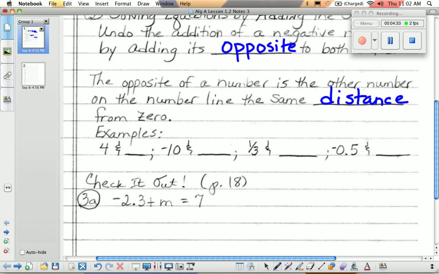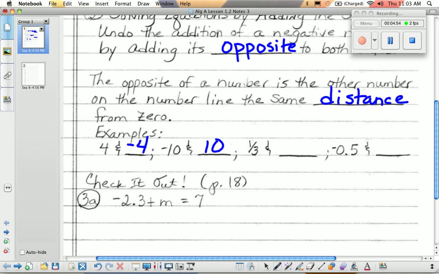So what's the opposite of 4? Negative 4. They both are 4 units away from 0. How about negative 10? What's its opposite? 10. They're both 10 units away from 0. What's the opposite of 1/3?